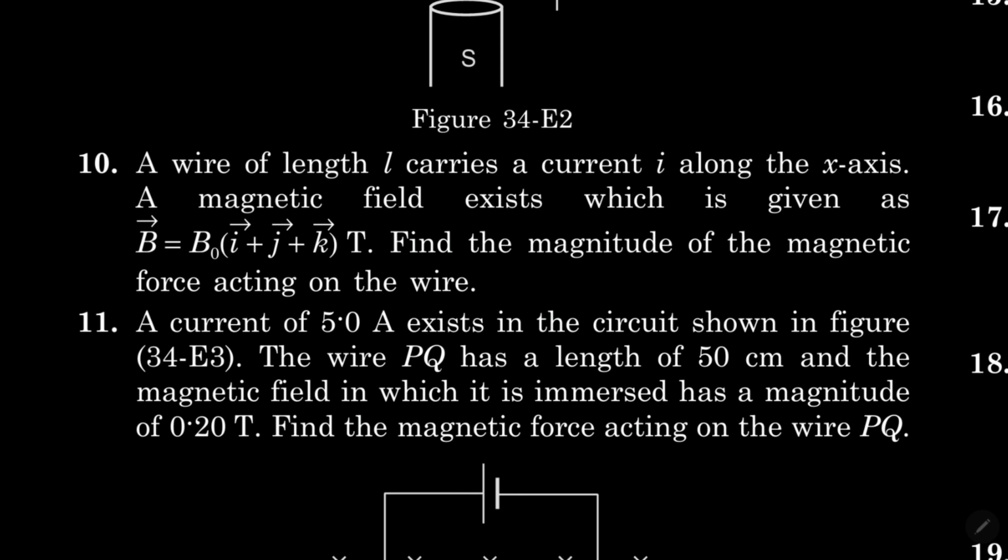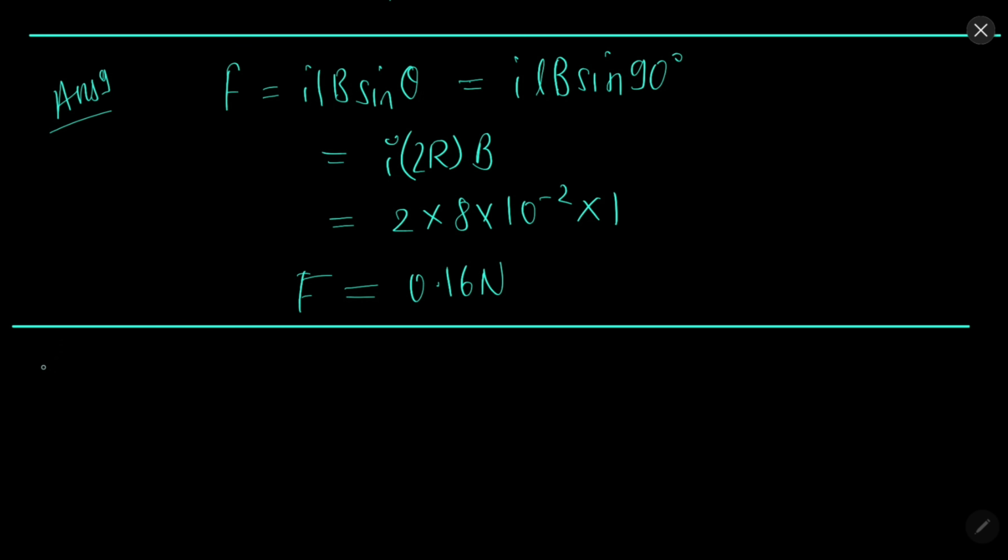In 10, find the magnitude of magnetic force acting on the wire. Solution 10. So in this question, B vector is B naught, I cap, J cap, K cap.